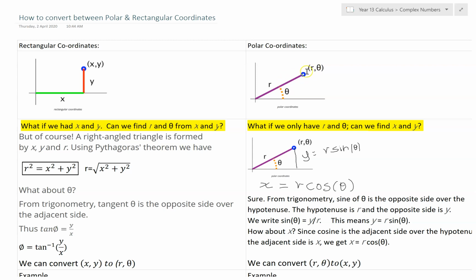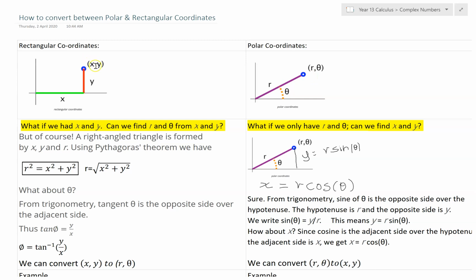To reach this point r, angle, rather than traveling to the specific distance here on x and y, we take the direct route from the origin to that destination. So this is the difference between rectangular and polar form.